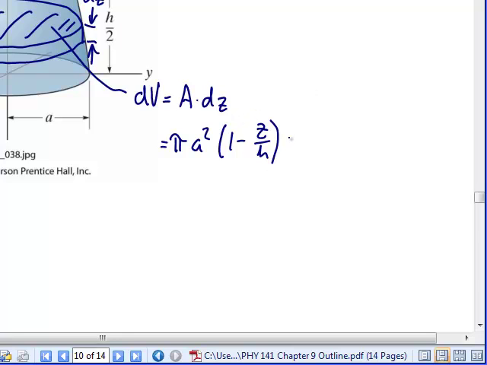And then times dz. So we can figure out the total volume by integrating that. But before we integrate, let's take out this constant in the front.